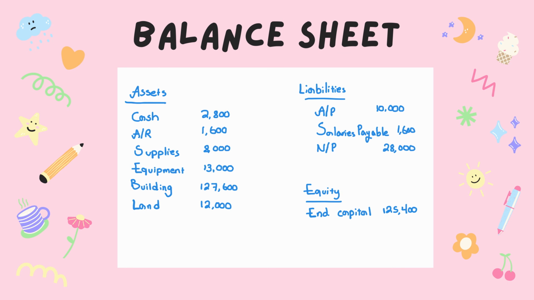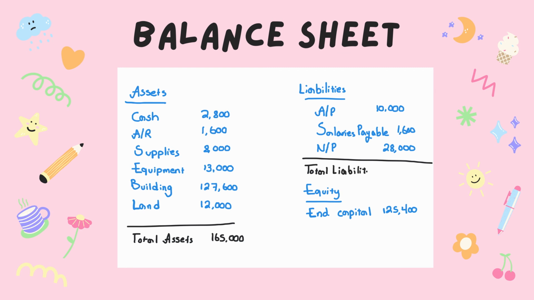Now total assets will be 165,000. Total liabilities will be 39,600.